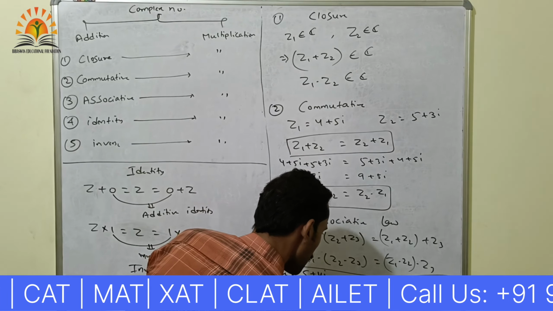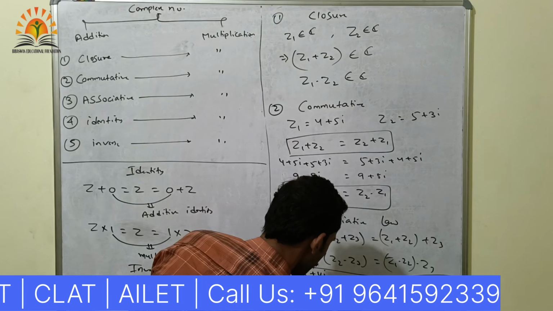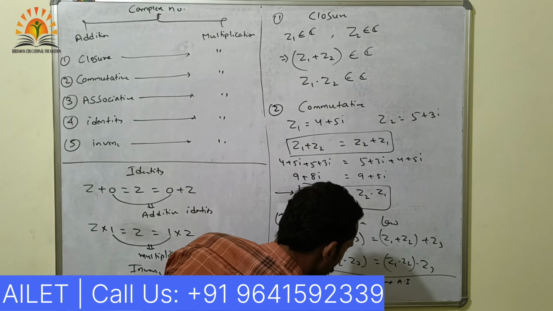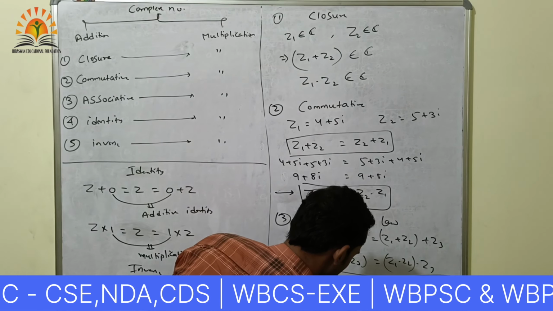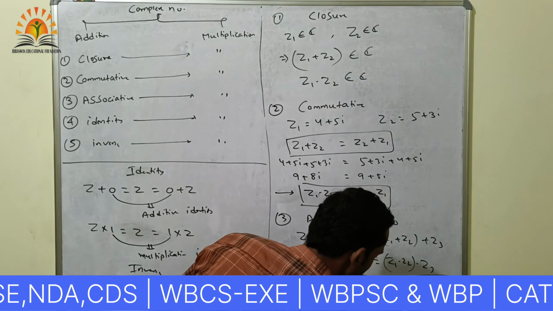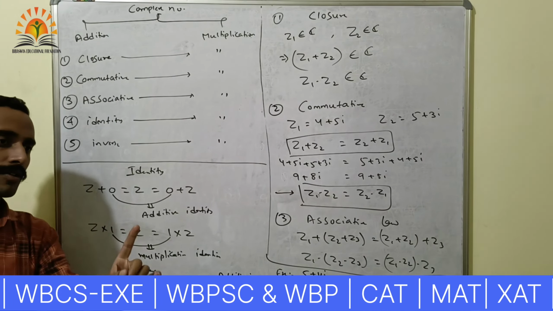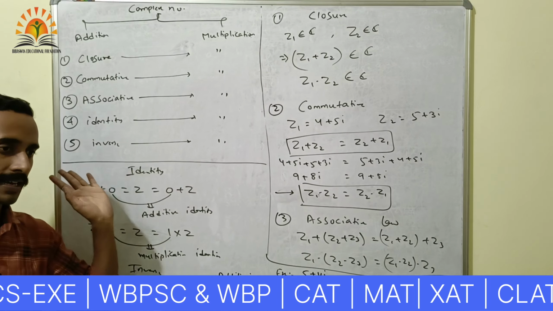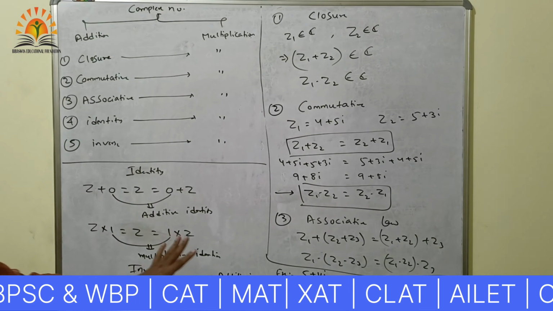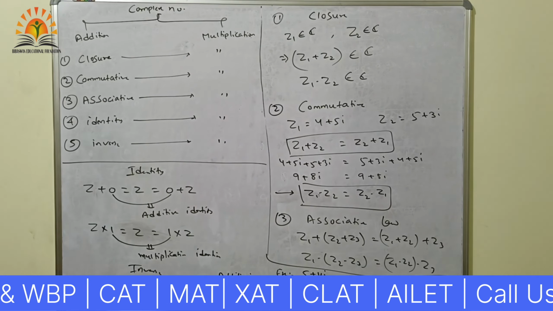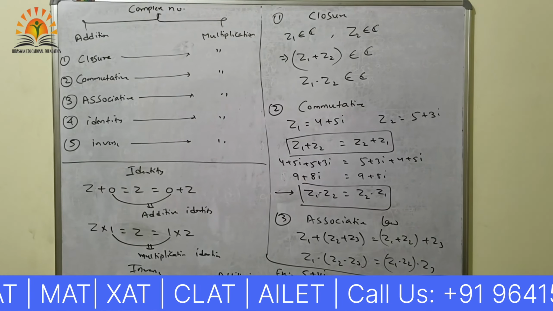It is 1 by 5 plus 4 iota, that is, 1 by Z. Z inverse is known as the multiplicative inverse. If you multiply by Z inverse, it cancels and gives the value 1. Understood or any problem? No. These are the properties of complex numbers.